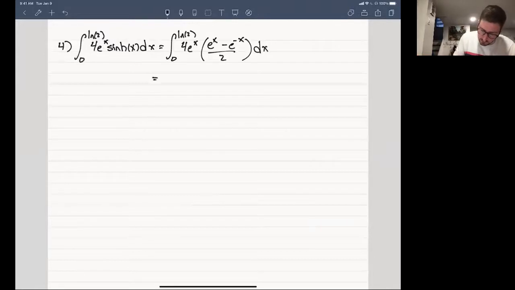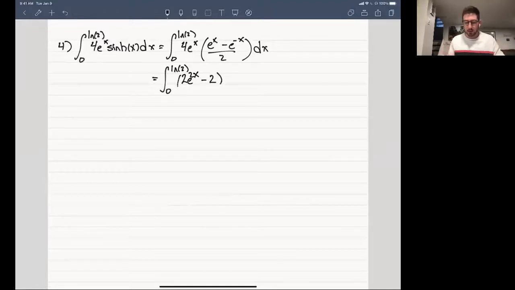And so if I expand this whole thing out, I'm going to get, in this case, just 2 e to the x, e to the 2x minus 2, because I get e to the x multiplied against e to the minus x here. So that's going to give me 1. And then the 4 divided by 2 is going to leave me with the 2 in here. So maybe some fast algebra for everybody, but nothing too weighty.